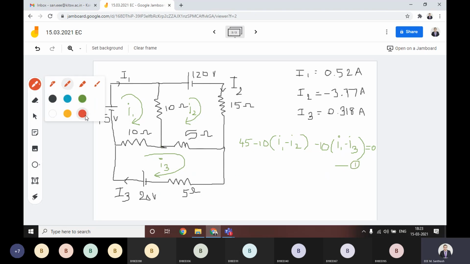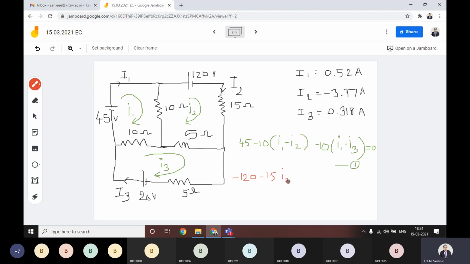Then the second one, simply you have to apply here. Then this value you are taking, which is starting with the positive. For that reason I am taking opposite, that is minus 120 minus 15 into, there is no common point for this. 15 is individually for loop 2 only.